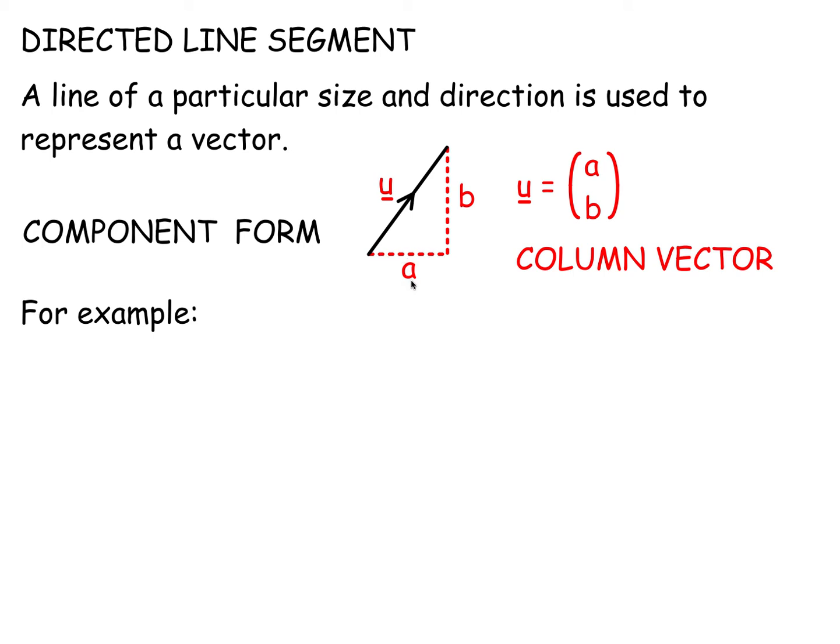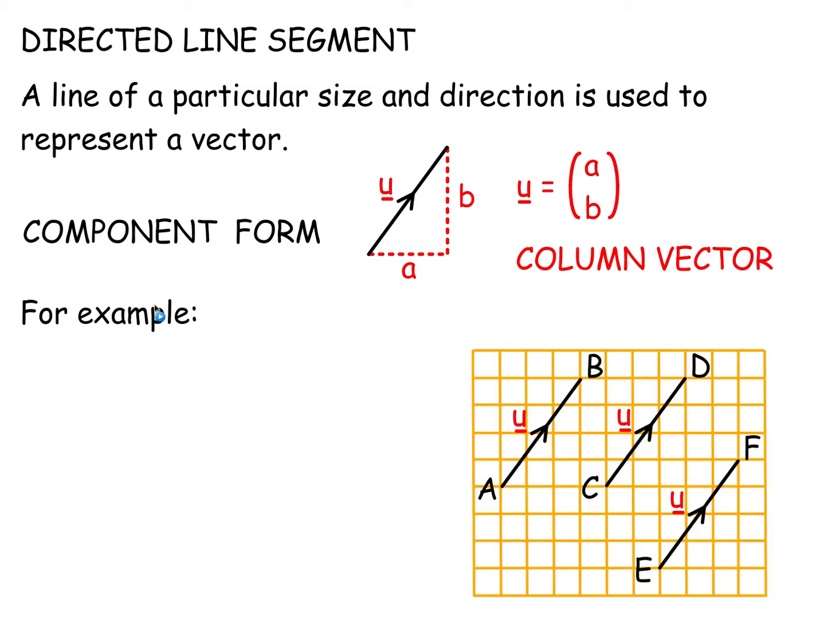This letter A represents that, and vertically in the y direction, the letter B represents that, and it's written as top number A, the x component, and bottom number B, the y component. So this is in component form, because these are components, x component and y component. So this is a column vector and it's in component form.